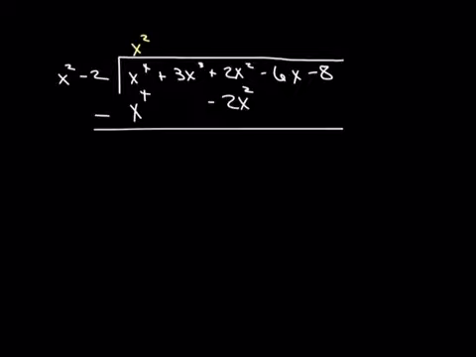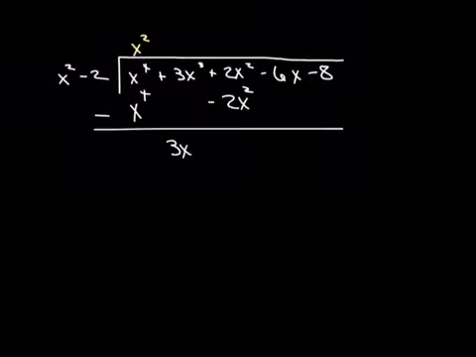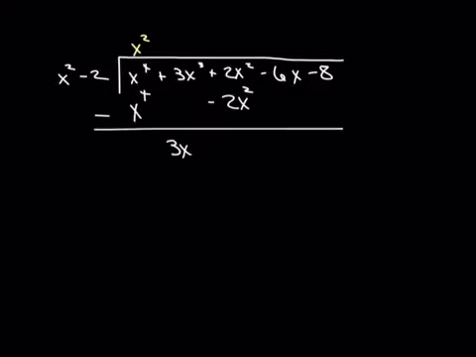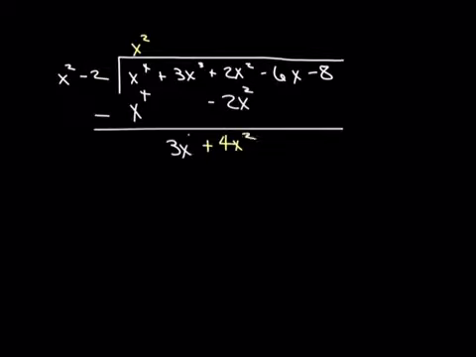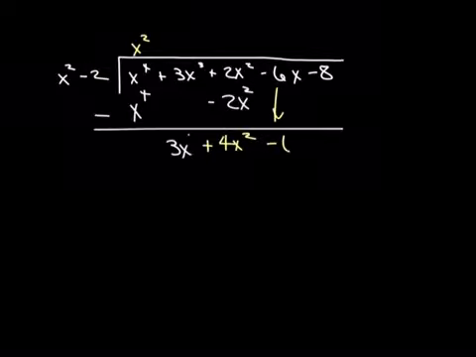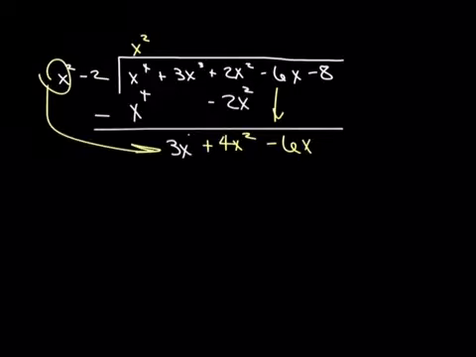3x cubed, there's nothing there, so we're just going to bring it down. And the 2x minus a negative 2x would be 2x plus 2x. And then we'll bring down a minus 6x. Alright, so this goes into, oops, that was a cubed, that 3x times, and now we're going to multiply.